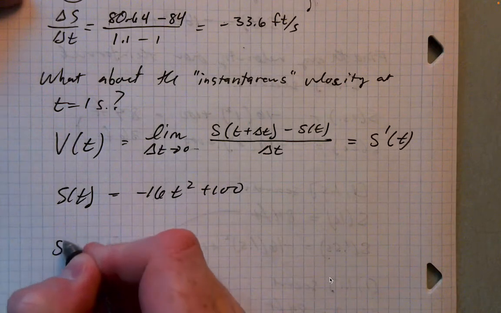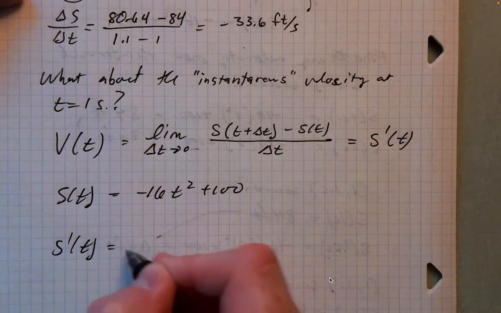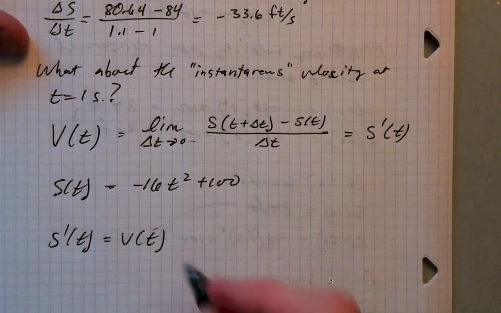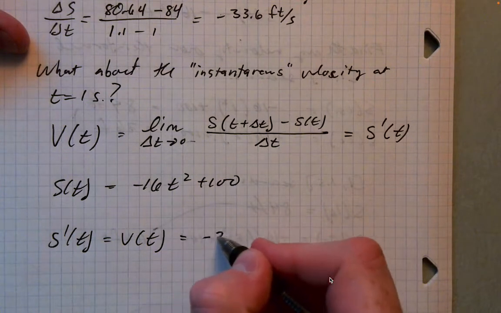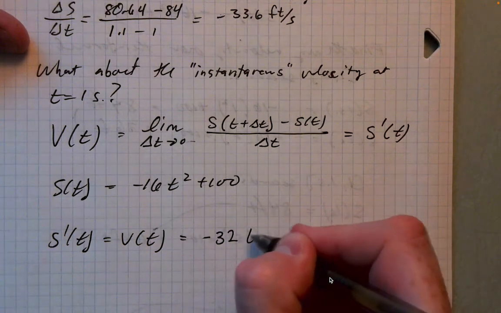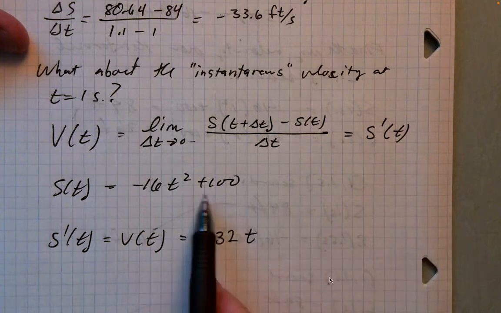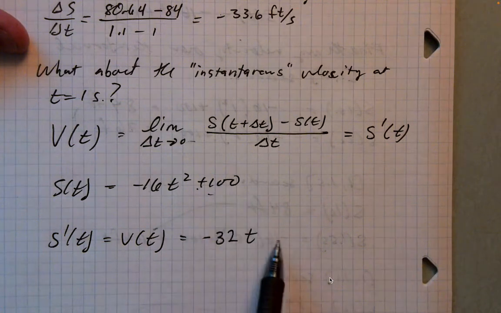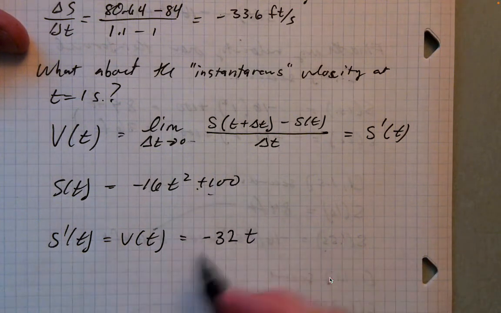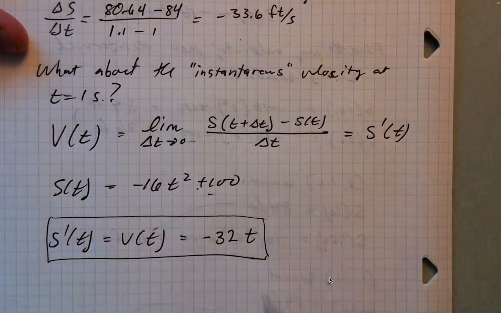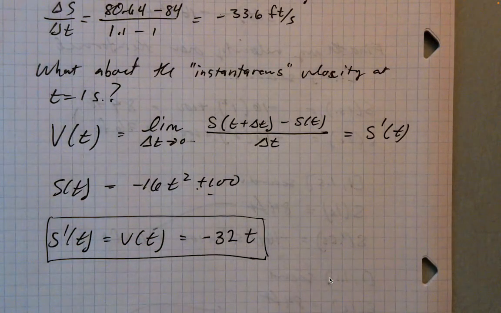So that means s prime of t, which we just said was equal to velocity, is equal to negative 32t, plus the derivative of 100, which is 0. So that's where we get a function that tells us the velocity at any time t. Starting with a position function, we can derive a velocity function as the first derivative of position.